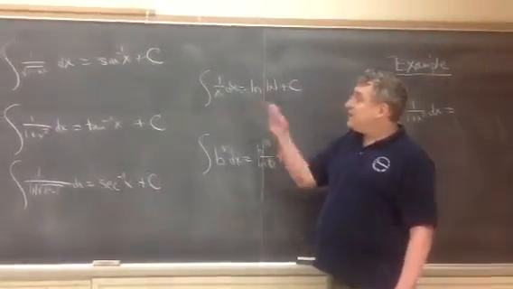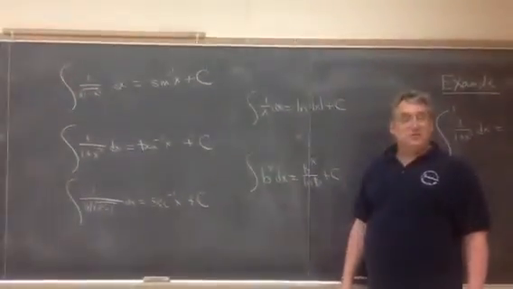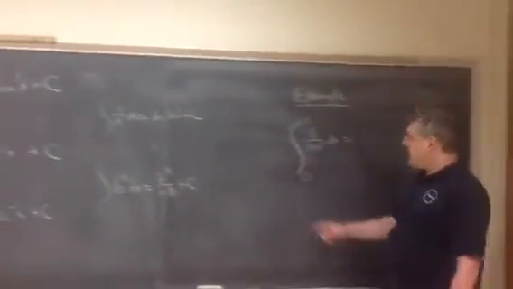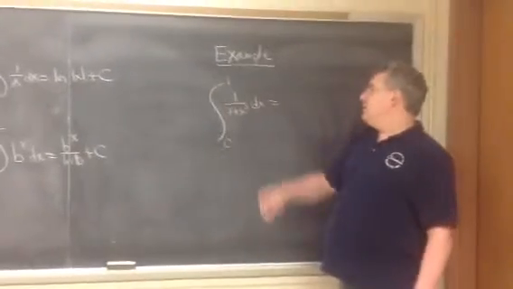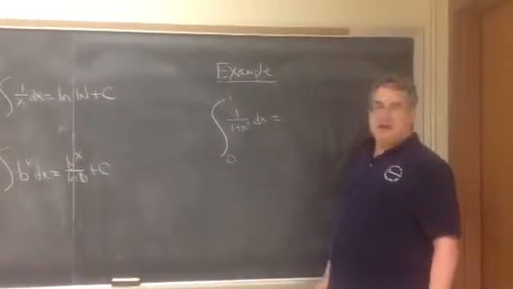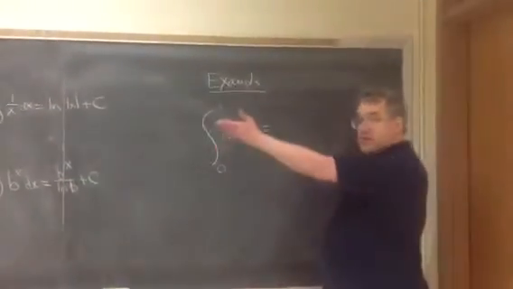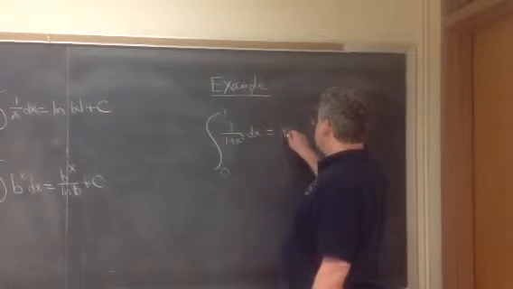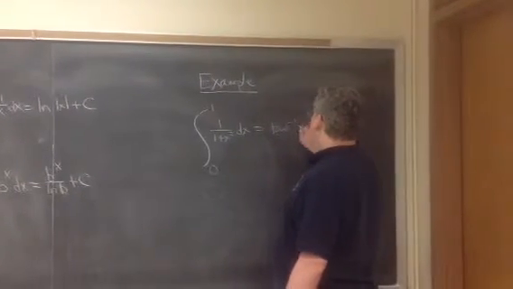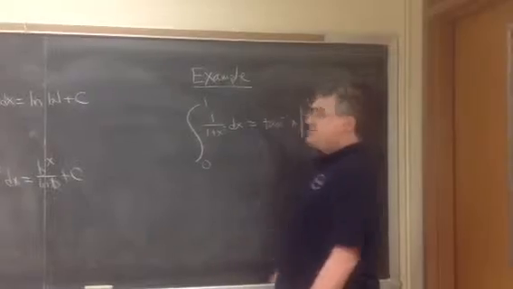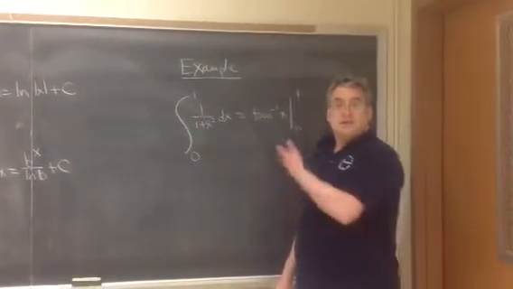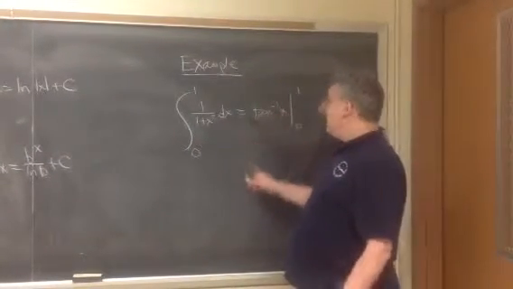So let's take a quick look at one of these, and then do some harder ones. I want to integrate from 0 to 1 of 1 over 1 plus x squared dx. So looking over there, it is the inverse tangent of x evaluated from 0 up to 1. This is not bad because we can just plug those in.